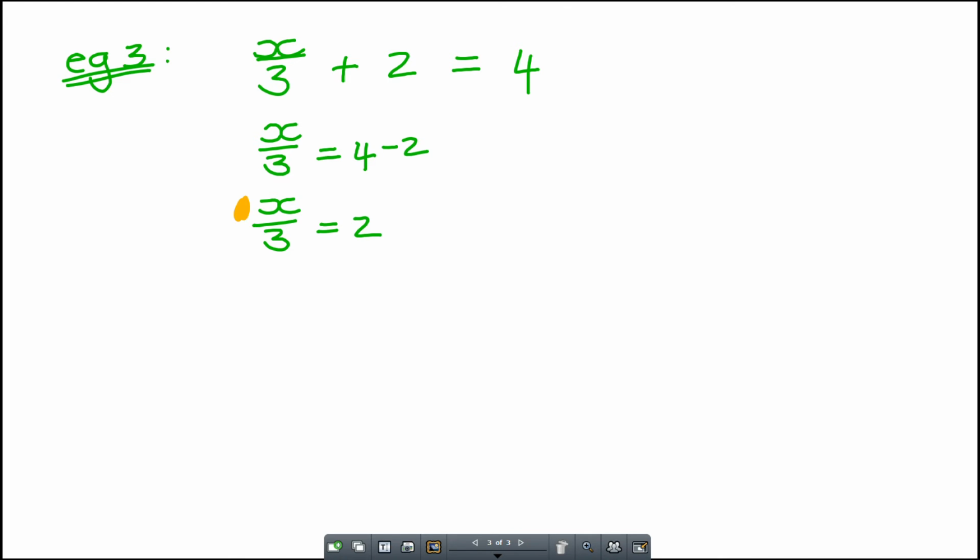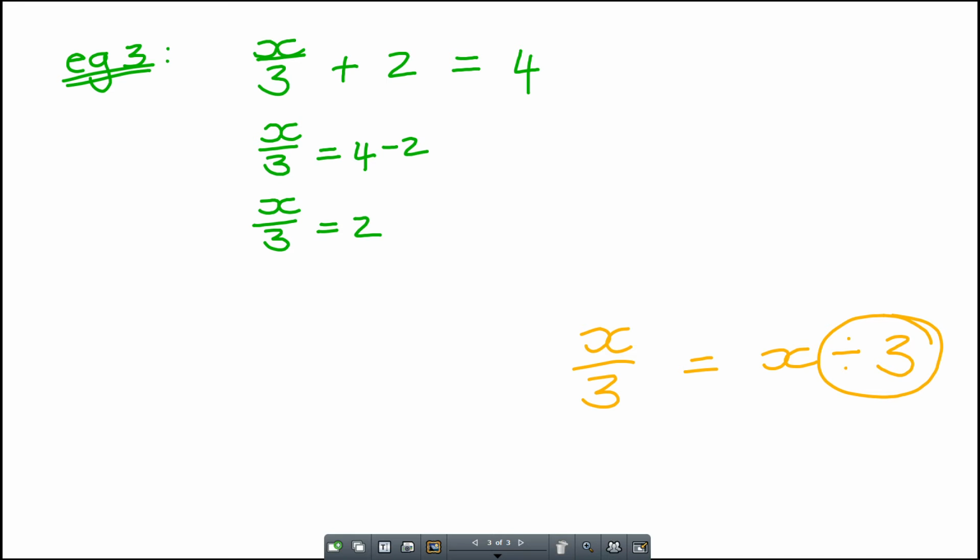Basically, what we want to do is I want x alone. And x over 3 is the same as x divided by 3. Do you guys agree? So what do I do if I want to get rid of the divided by 3? Take it over so it becomes times 3.